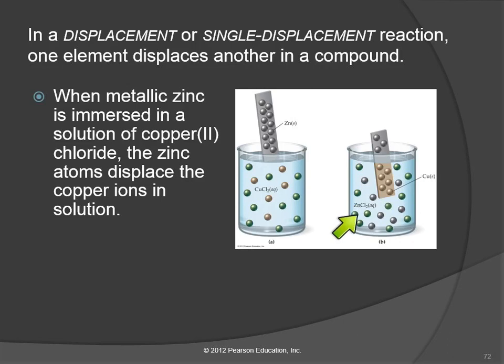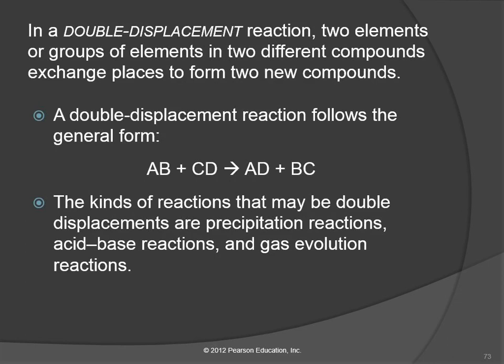And so she will draw the zinc out, and then the copper gets deposited onto this, and you'll see the silvery zinc strip turn copper colored as this exchange occurs. And then double displacement. This is probably the most common one that we see. So precipitation reactions, acid-base reactions, gas evolution reactions are all double displacements.